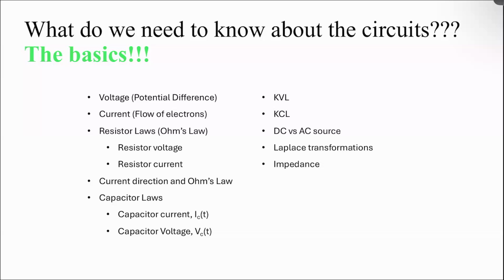And voltage. What is voltage? How do you measure voltage? It's the difference between the potential between 2 points, right? If this is VA and this is VB, and let's say that this resistor has a voltage of VR, your voltage VR is equal to VA minus VB, assuming VA is greater than VB.